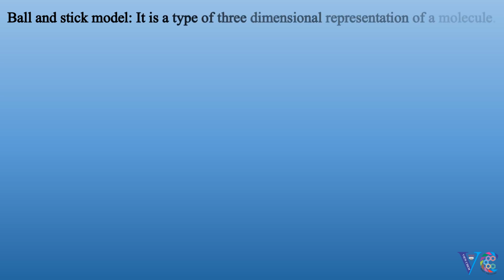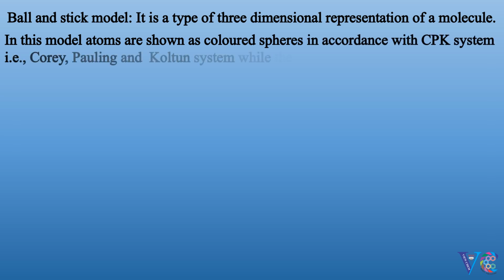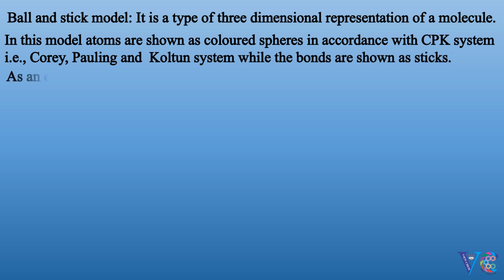Ball and stick model: it is a type of three-dimensional representation of a molecule. In this model, atoms are shown as colored spheres, in accordance with CPK system, that is, Corey, Pauling, and Koltun system, while the bonds are shown as sticks. As an example, methane is shown.